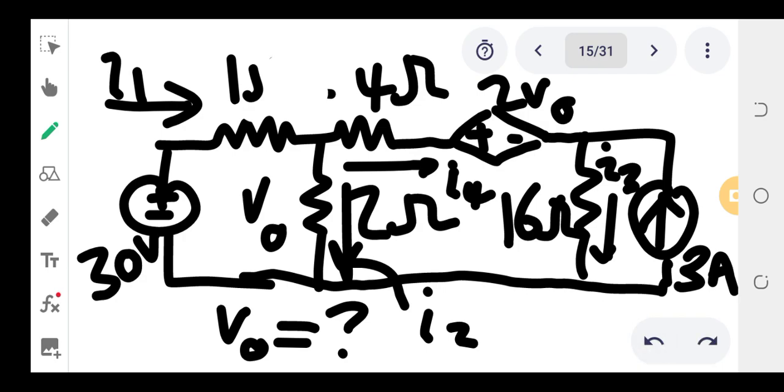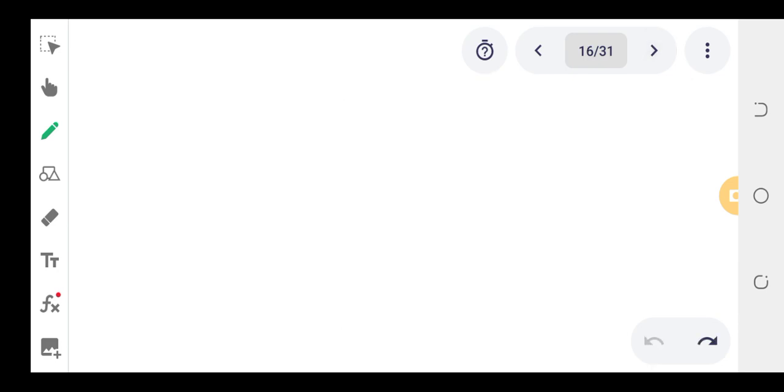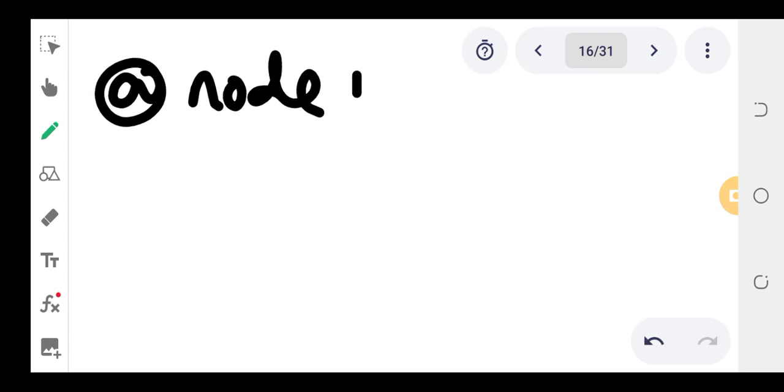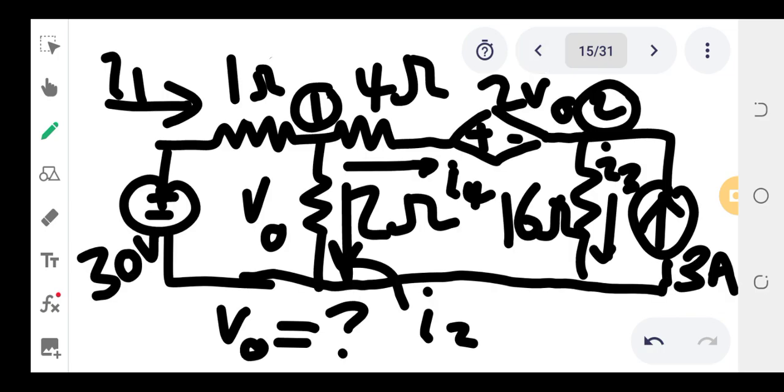So let us assign these nodes: this one will be node 1, this is our node 1, then this will be our node 2. So these are the nodes. If I say it's at node 1, what is happening at node 1?